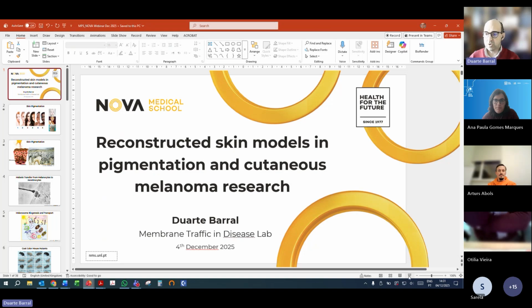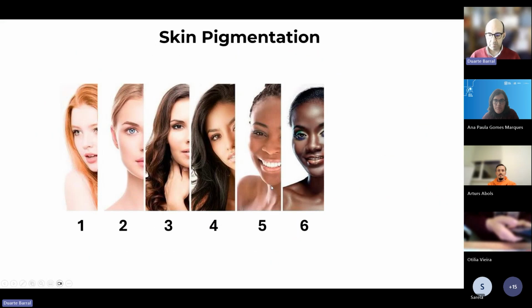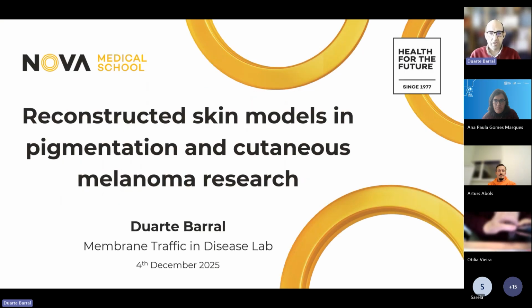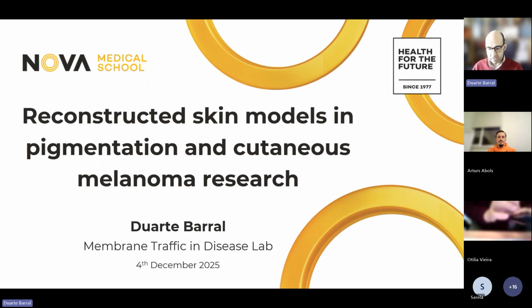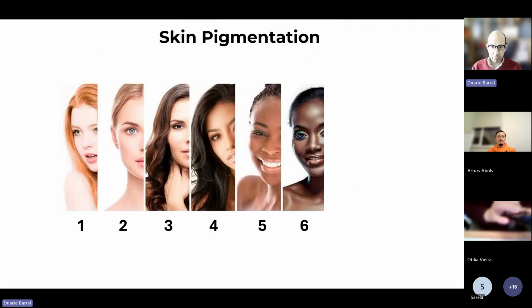Okay, so today I'm going to talk about these 3D models of skin and epidermis for studies of pigmentation, disease modeling, and cutaneous melanoma research. As you are all aware, skin pigmentation is a feature that distinguishes us.